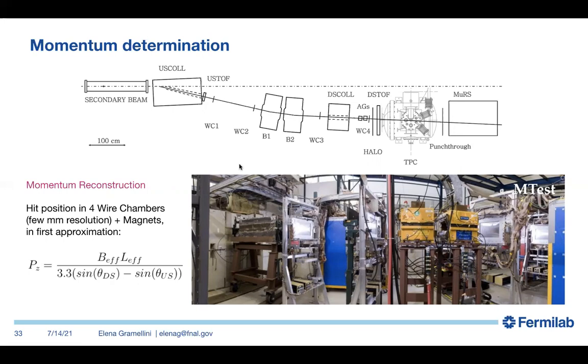The key components of the beam need to tell you the momentum and the identity of the particle that you shoot in. In order to do this, going back to the accelerator complex, you shoot your 120 GeV proton on a target, and then you focus only pions in that case, and you make a secondary beam.